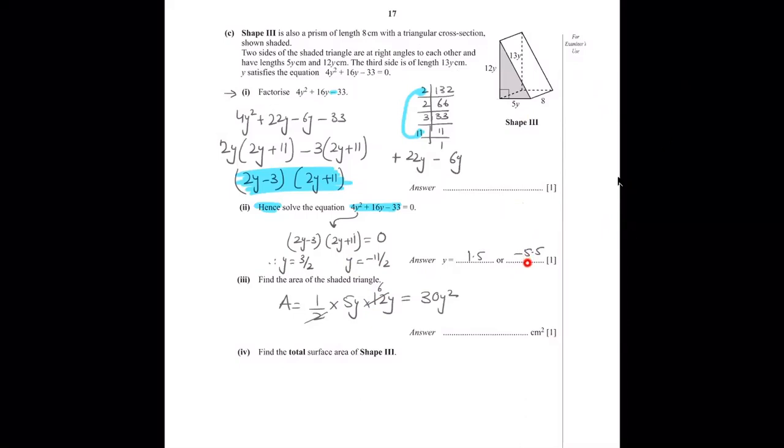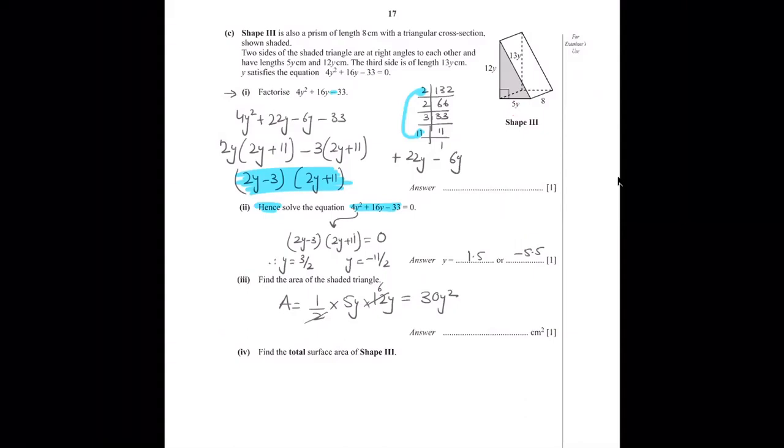No, sir. Sure, going ahead, look, y is squared, can it happen or not? It cannot happen. The reason it cannot happen is because if I take y as minus 5.5, the length is going to turn out to be negative, which I don't want, which cannot happen. The length can never be negative.